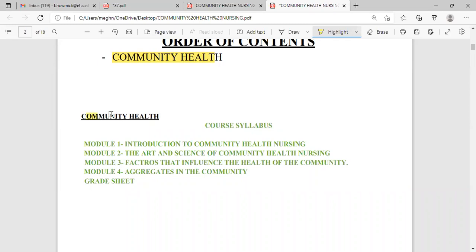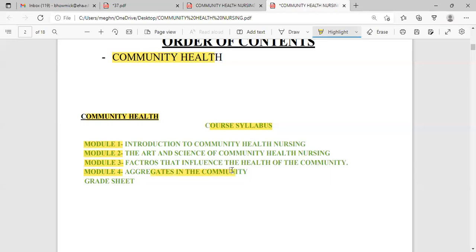So the community health course syllabi, basically: module 1, the introduction of community health nursing. Module 2, the art and science of community health nursing. Module 3, the factors that influence the health of communities. And module 4, what are the aggravating factors in community health, basically?